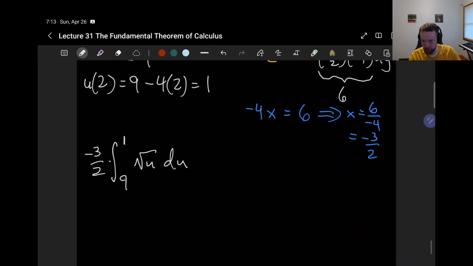It will lead to fewer negatives floating around when you do your calculations. So turning this into a positive 3/2, from 1 to 9, like we would prefer to have, u to the 1/2 du.